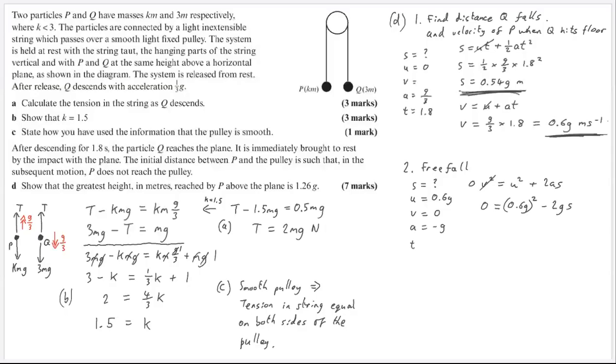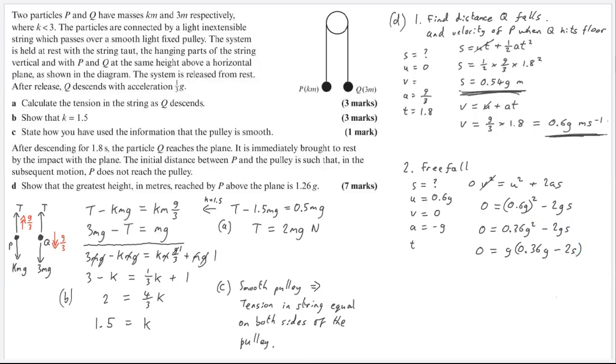It might look like an awkward equation to solve, but it's not really. We expand the bracket, we've got 0.36 G squared minus 2GS. We can now divide both sides by G. A better way to do that is to factor out the G and then realize that we don't need to worry about that. So minus 2S.